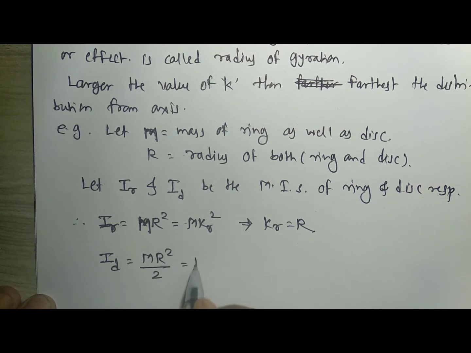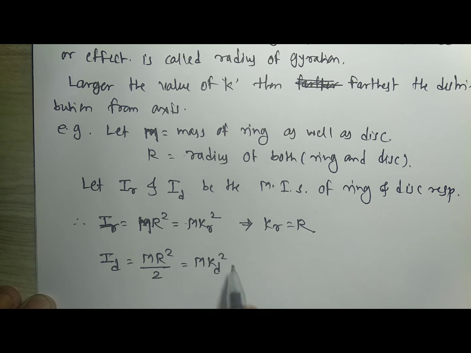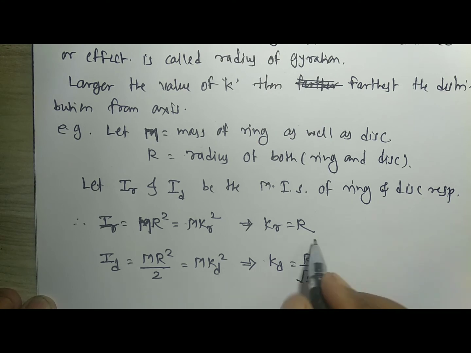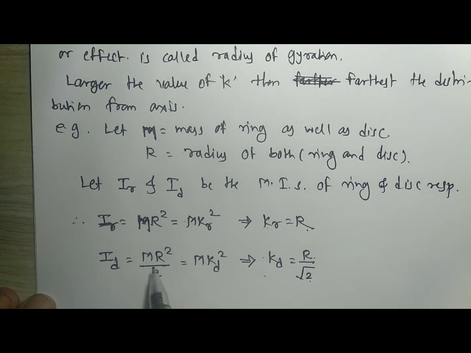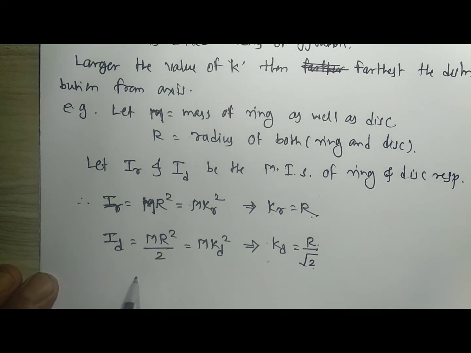It is equal to M k_D square, and it implies that k_D is equal to capital R divided by root 2. From these two equations, k_R is equal to R and k_D is equal to R divided by root 2, we get k_D is less than k_R.